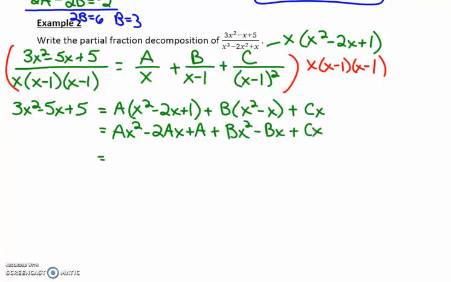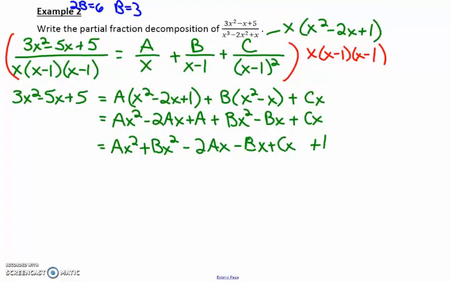And then we can rearrange that. So Ax squared plus Bx squared. And then we have minus 2Ax minus Bx plus Cx. And then we still have our plus A. Okay? So then I'm just going to rewrite the 3x squared minus 5x plus 5.